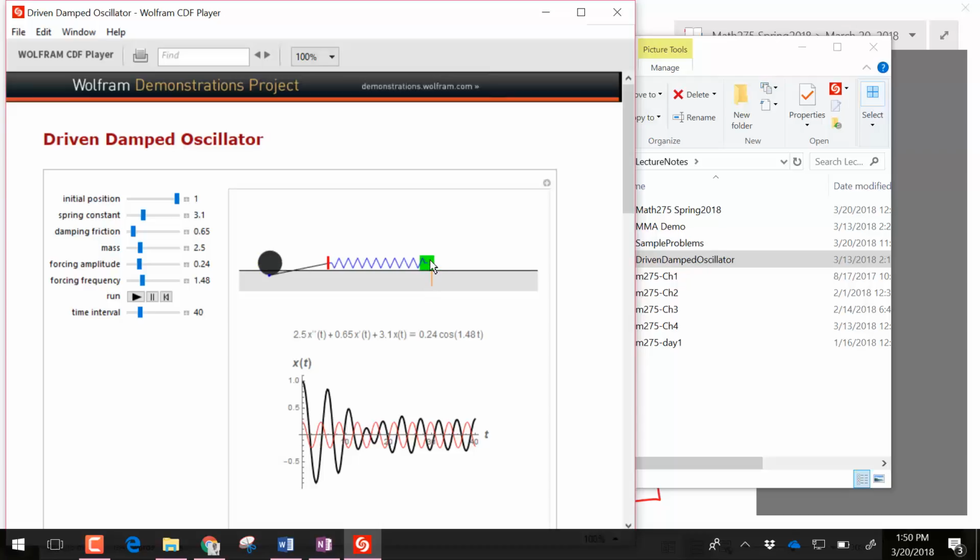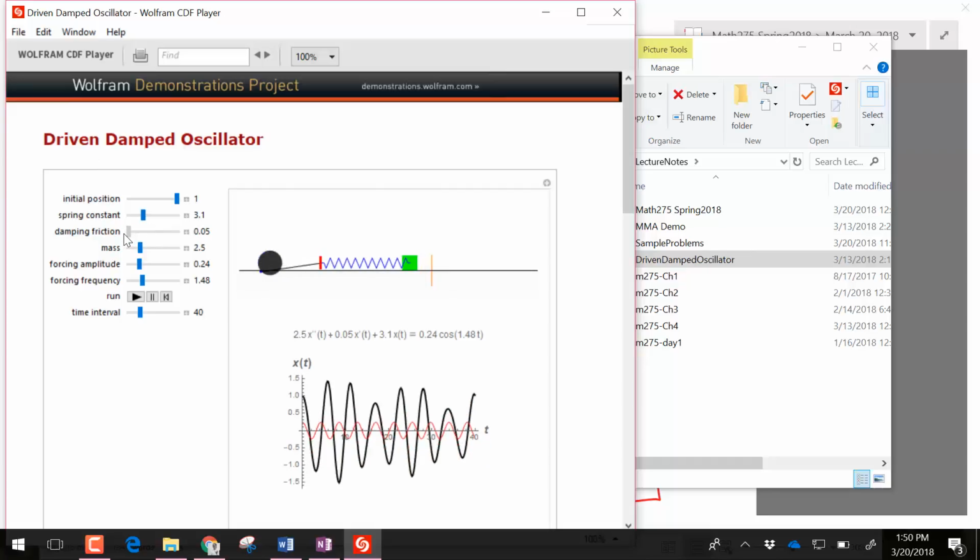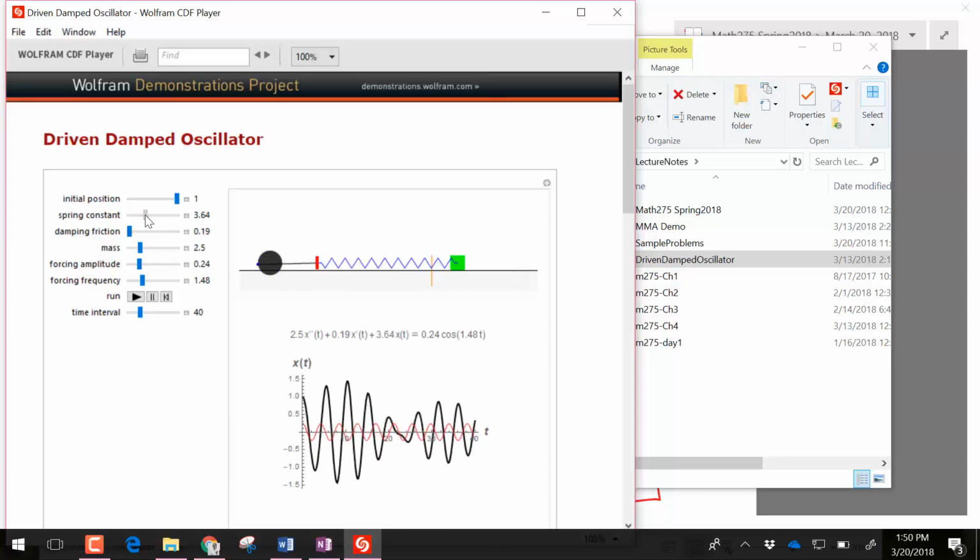The red is where the 0 is. We can have more damping or less damping. Damping is like the friction that you have. The spring constant tells you how sturdy or how strong your spring is. The initial position is where it all starts.